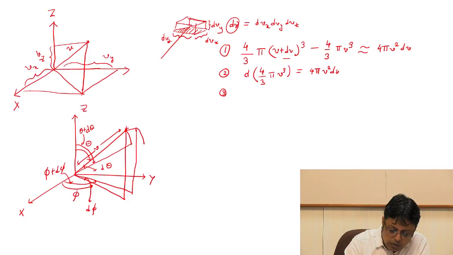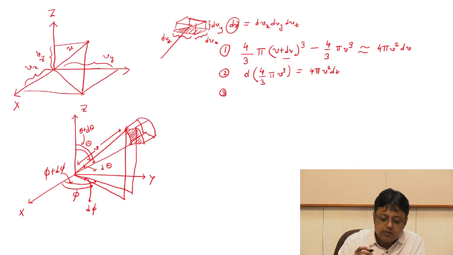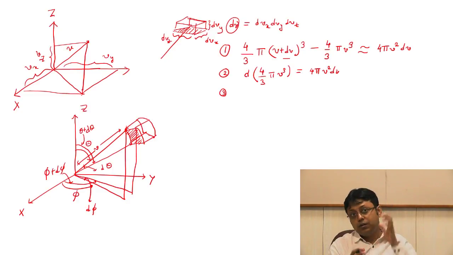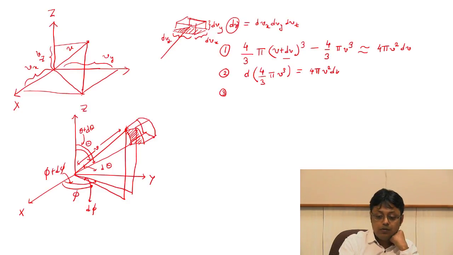If I do that, I generate this surface, and then simultaneously I'll also increase it in the dv direction. So then I'll get a volume. I'm asking the question, what is the volume element, or the dV for this?